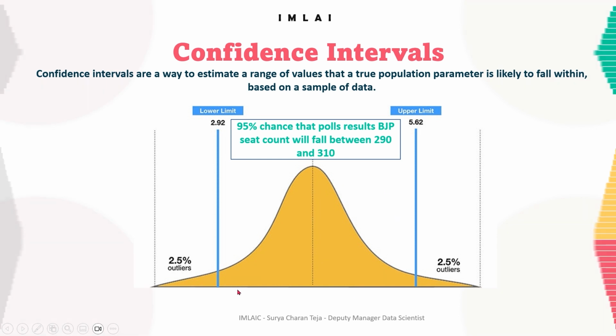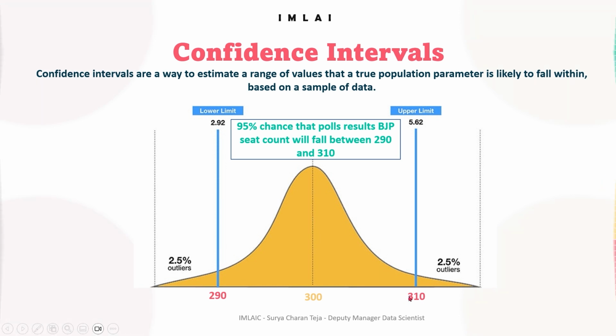Here the mean is 300, and the lower limit is 290, because we have gone for the 95 percent confidence level. So you get 2.5 percent outliers on the lower side and 2.5 percent outliers on the upper side. These are the confidence limits.